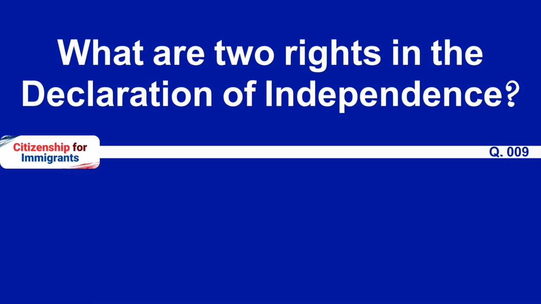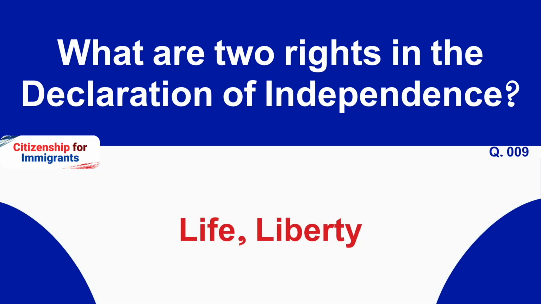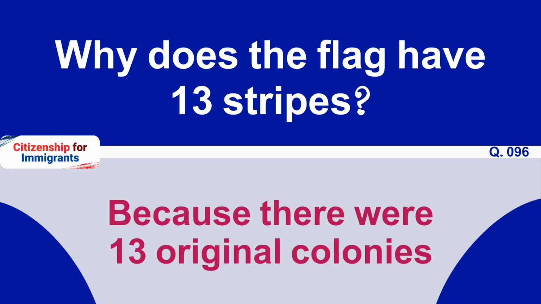What are two rights in the Declaration of Independence? Life, liberty. Why does the flag have 13 stripes? Because there were 13 original colonies.